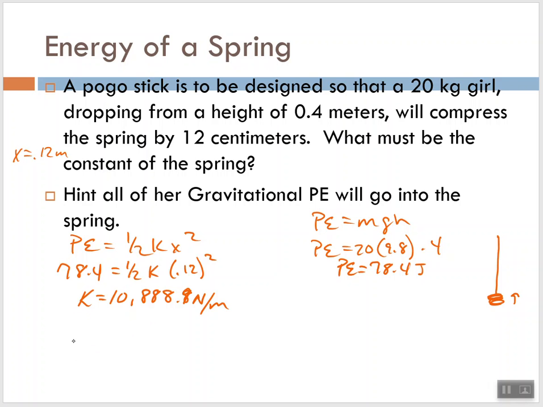Now, that tells us the strength of this. So if we were to take a spring, here's my spring, and we were to stretch it, or do the opposite, compress it. In this case, the spring was compressed, but it's the same math.